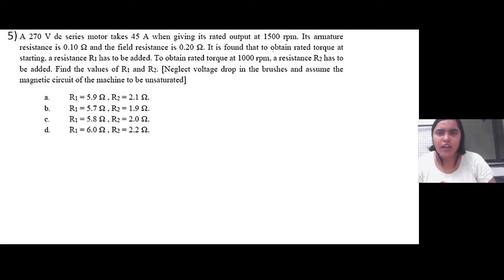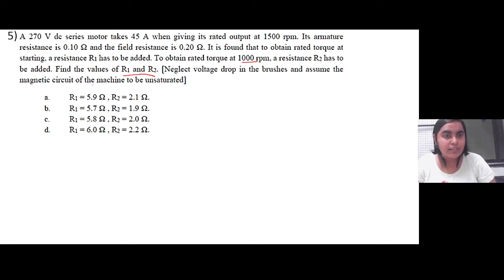It is found that to obtain the rated torque at the starting, a resistance of R1 has to be added, and in order to obtain the rated torque at 1000 rpm, a resistance of R2 has to be added. We have to find the value of R1 and R2, neglecting the voltage drop in the brushes and assuming that the magnetic circuit is unsaturated.